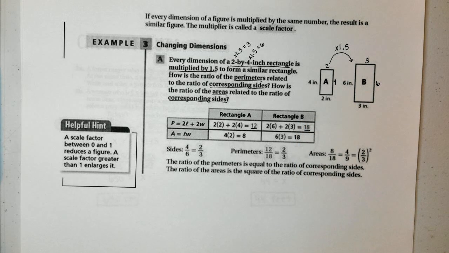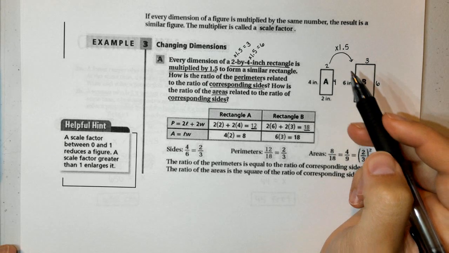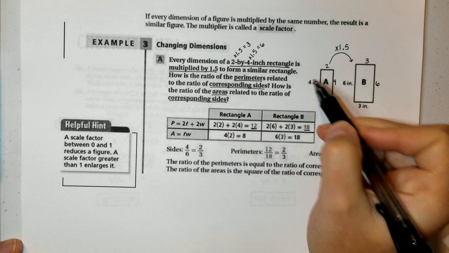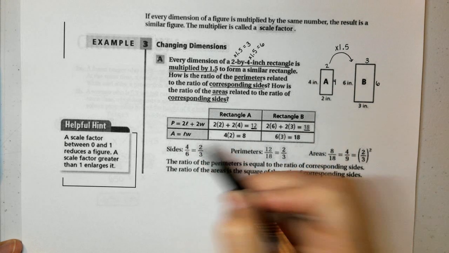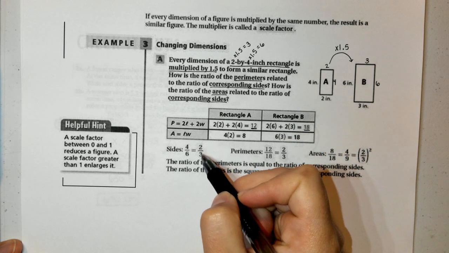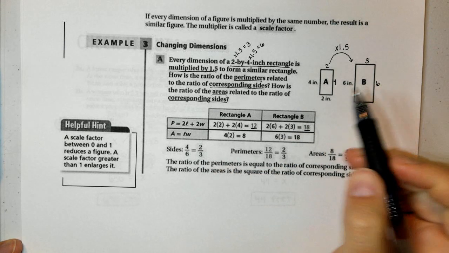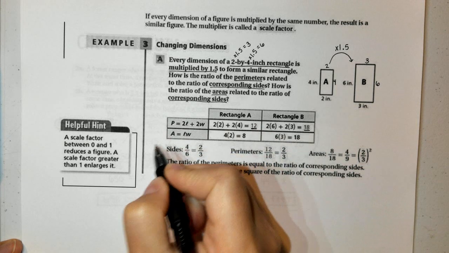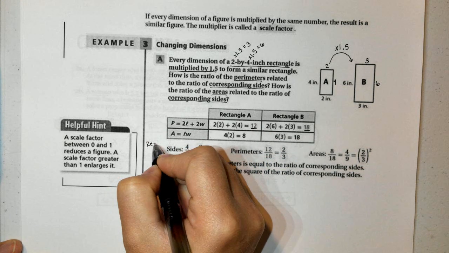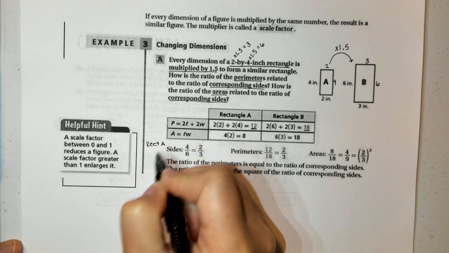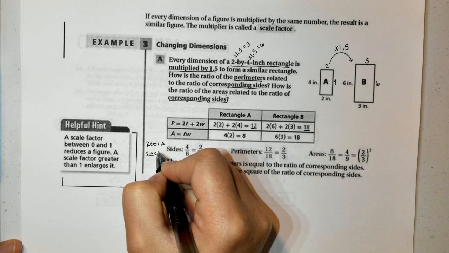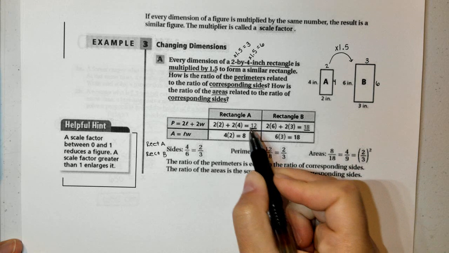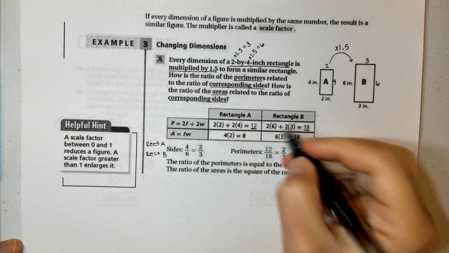So, to compare, the sides are 4 to 6, 2 to 3. Okay, the perimeters we just got were 12. So the top is always going to be rectangle A, bottom rectangle B. So perimeter 12 to 18, and that simplifies.